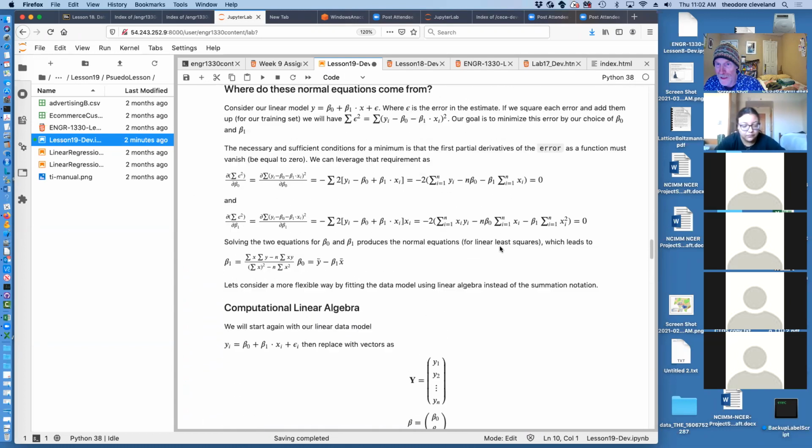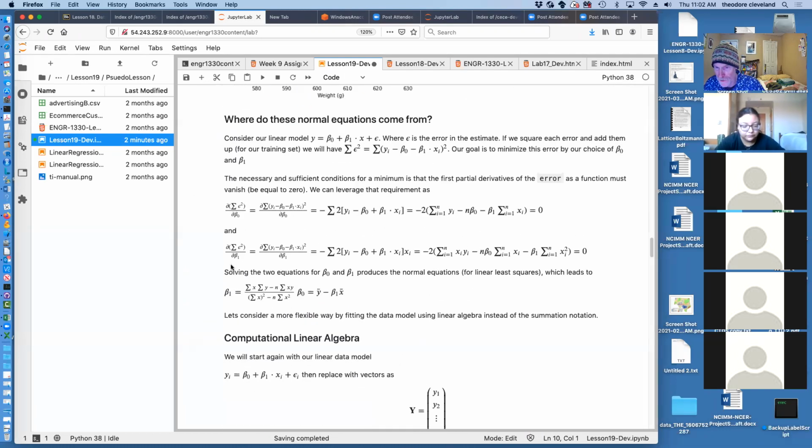Imagine what the normal equations would look like if there was a 3rd component here, beta 2x squared. So you would have 2 times y1 minus beta 0 minus beta 1 x1 minus beta 2 xi squared times xi squared.